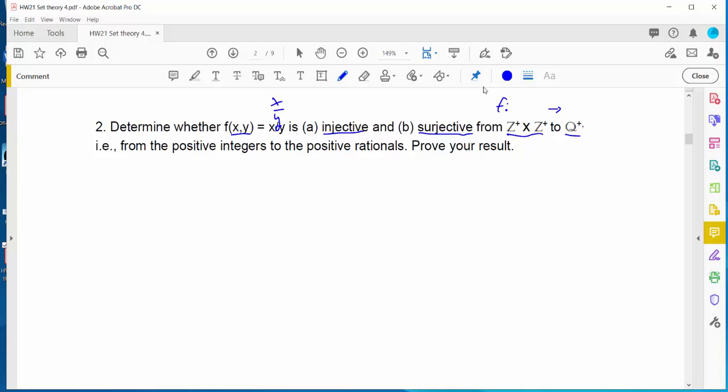And then when you think about surjective, you're going to be asking whether there is any positive rational number that is not mapped into by some ordered pair of positive integers. Now you'll prove your result in exactly the same way by simply appealing to the definition of injection and surjection.